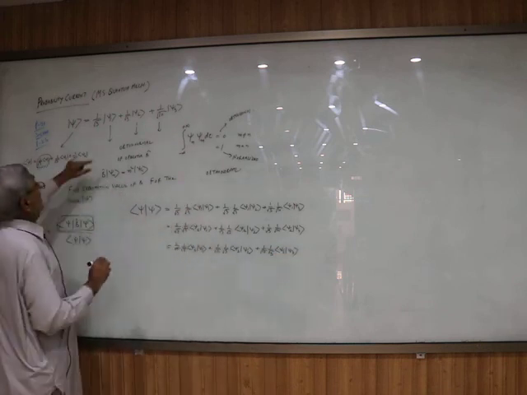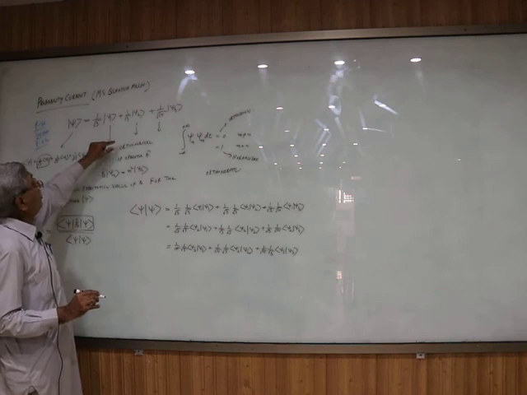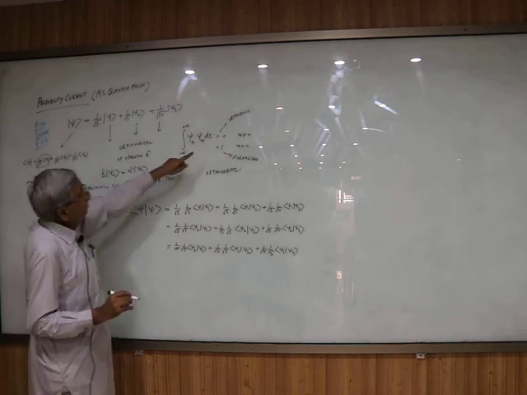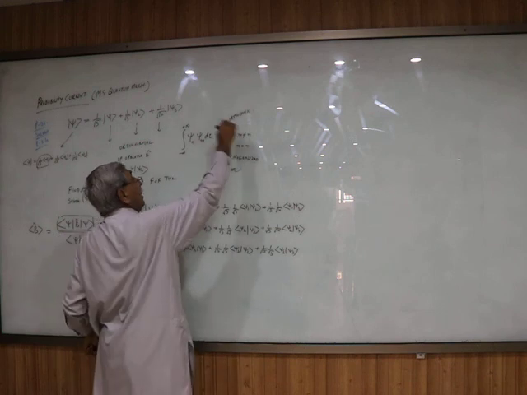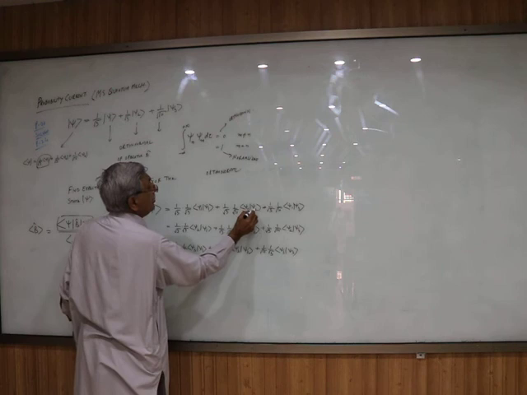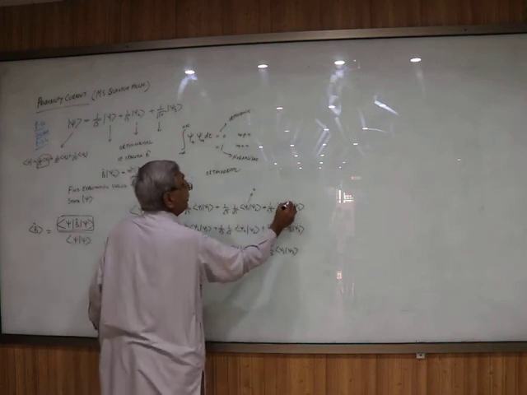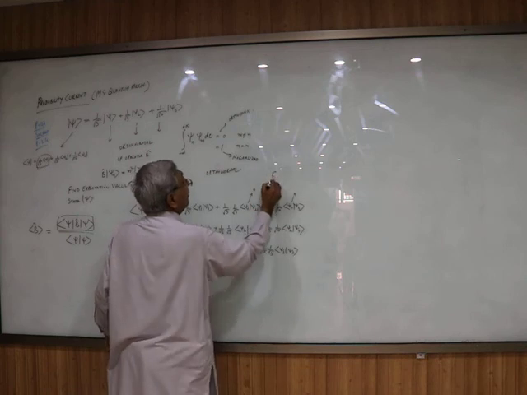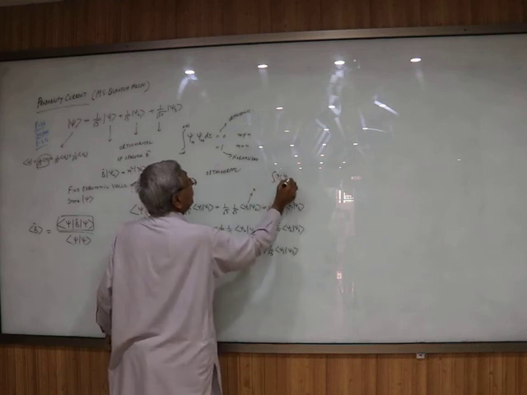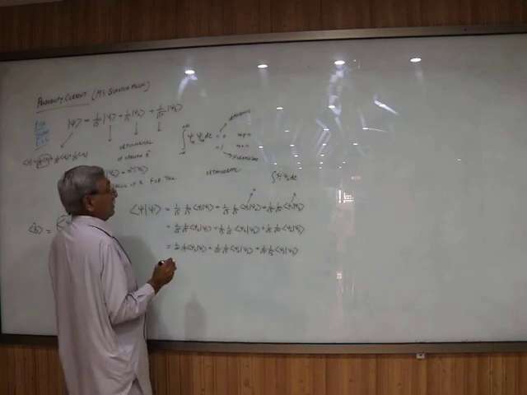But we are given that this is an orthonormal set, which I explained earlier: when m is not equal to n, it is 0. Because this represents the integral of psi 1 psi 2 d tau, that is 0.